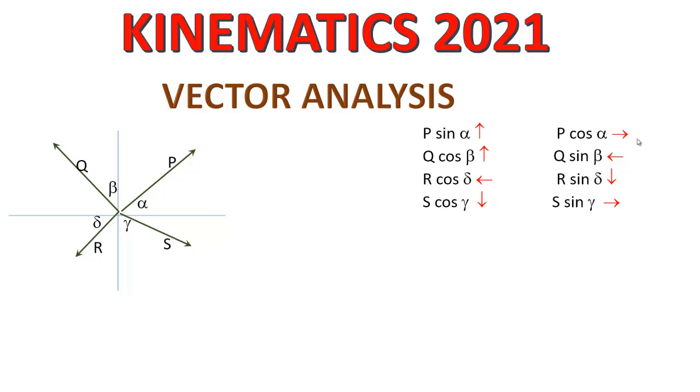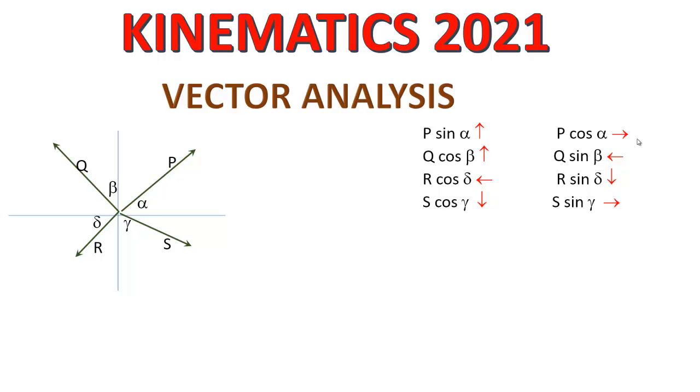That means I'll take P cos alpha minus Q sin beta minus R cos delta plus S sin gamma. This is going to be the net horizontal. I repeat, P cos alpha minus Q sin beta minus R cos delta plus S sin gamma.